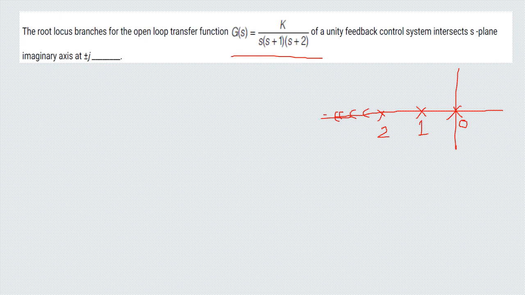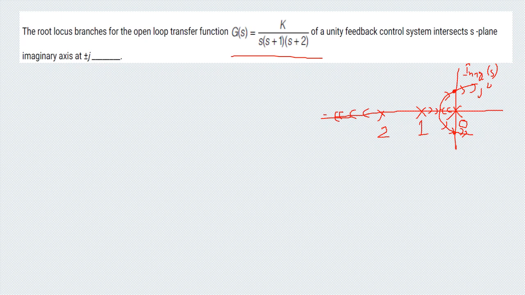This part is not part of the root locus, and this is the part of root locus, and here it again goes to the j omega axis. So we need to find the point along which we get an intersect along the imaginary axis. This is the imaginary axis of s, or you can say j omega axis.